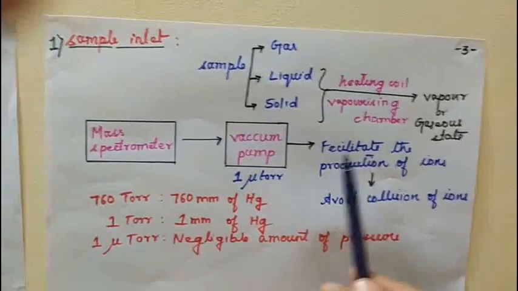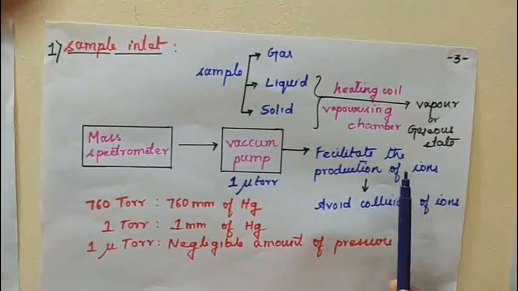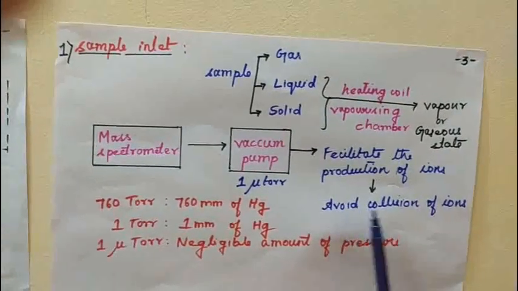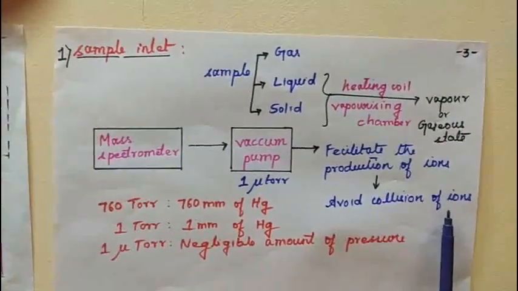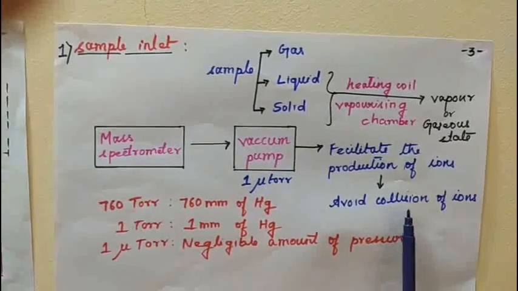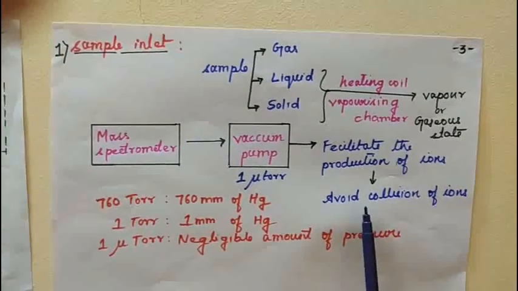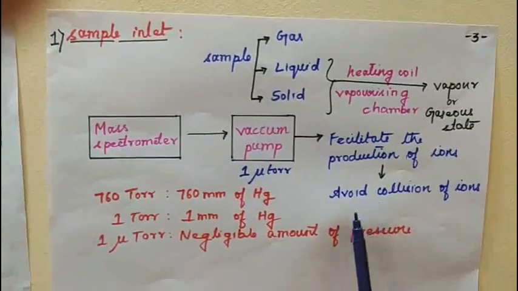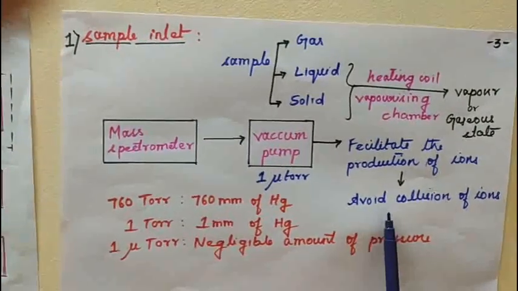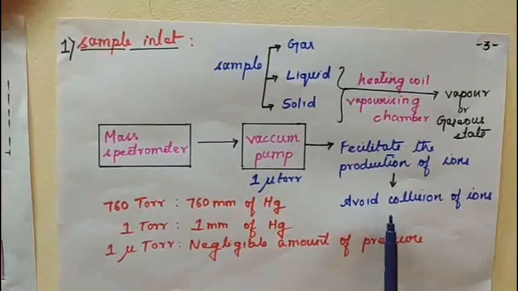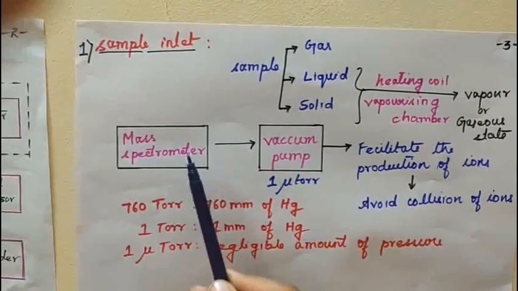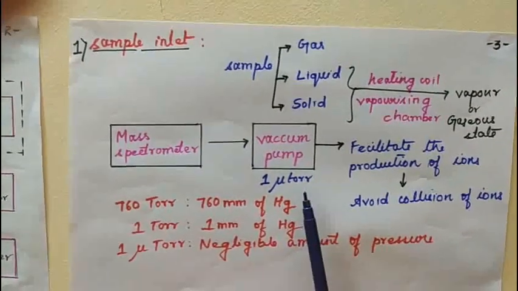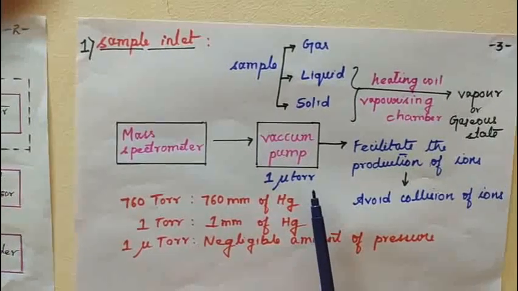Because it facilitates the production of the ions and it also avoids the collision of the ions. If the pressure is more, ions will collide with each other. It results in further fragmentation, so it becomes complicated to evaluate the structure of the compound. To minimize this error, the pressure inside the mass spectrometer is maintained at 1 microtorr.